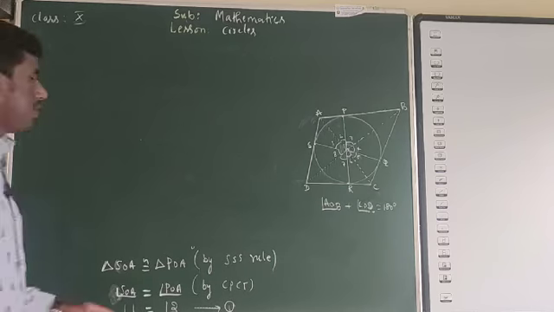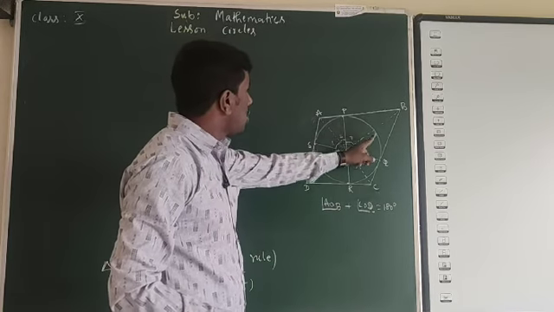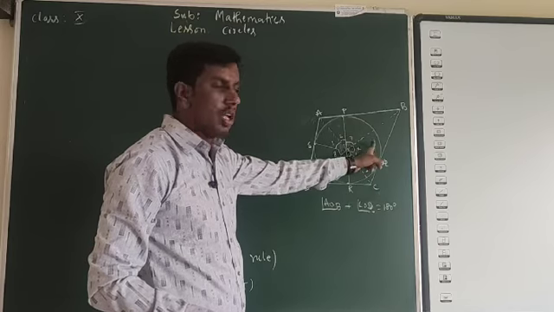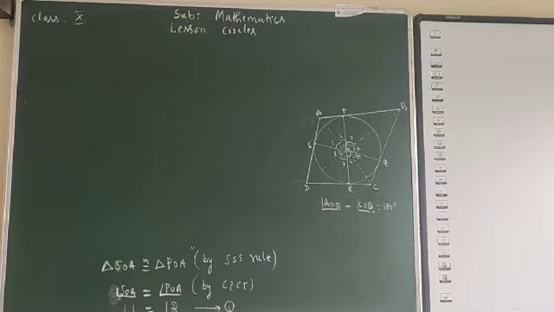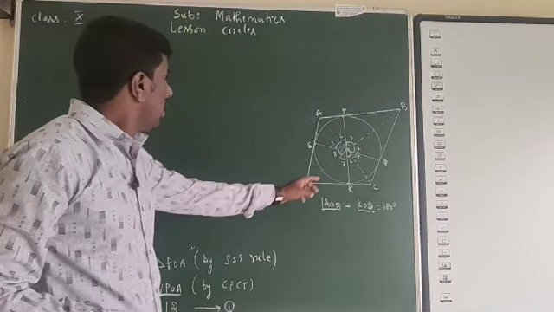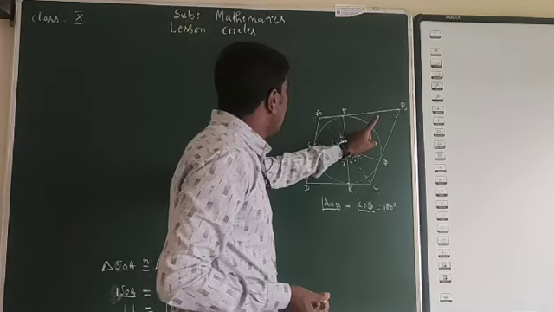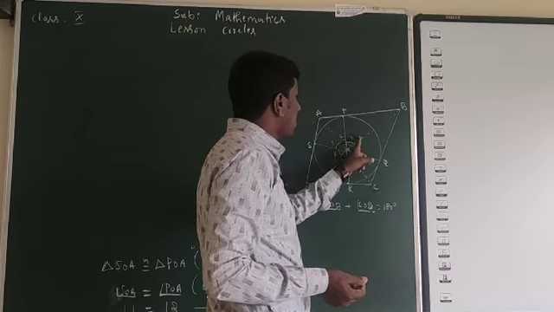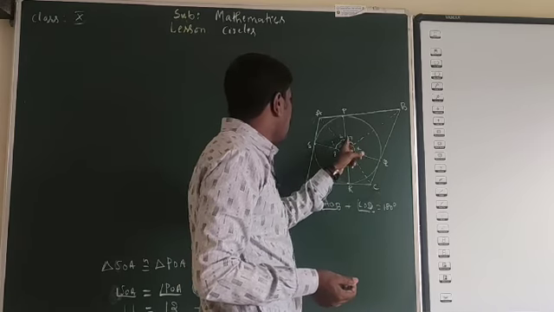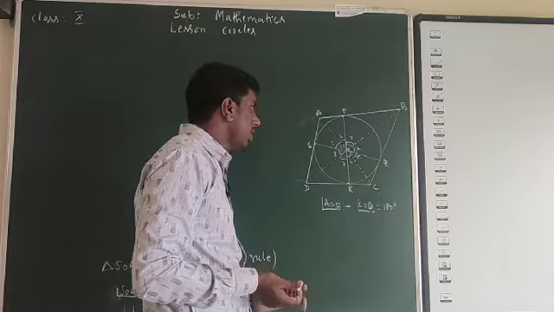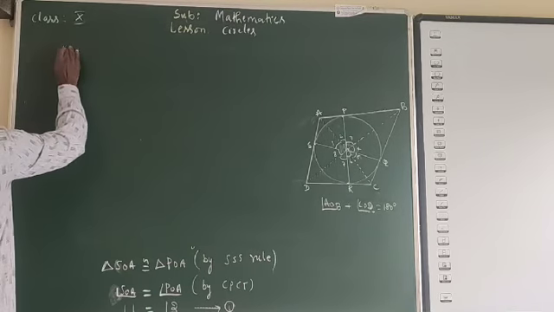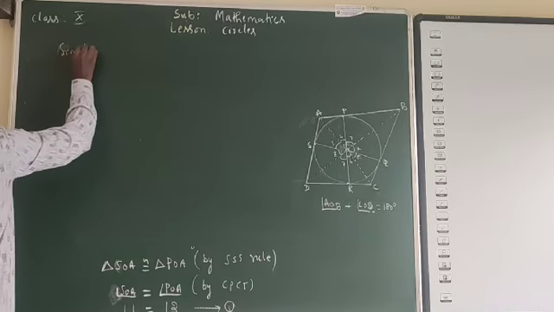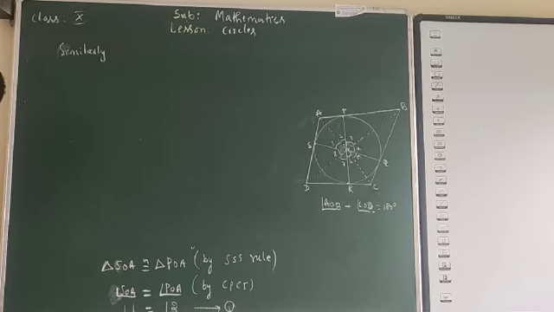Okay. Now, similarly, these two triangles are congruent, so we don't need to prove that. We can directly write. Similarly, we can prove that triangle OPB is congruent to OQB. Then corresponding angles are equal. Therefore, angle 3 is equal to angle 4.